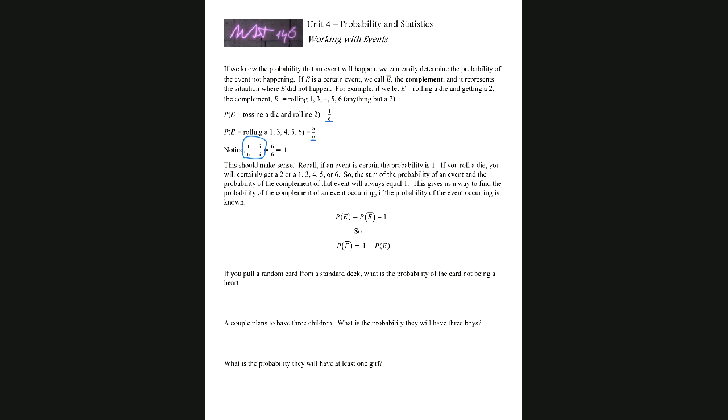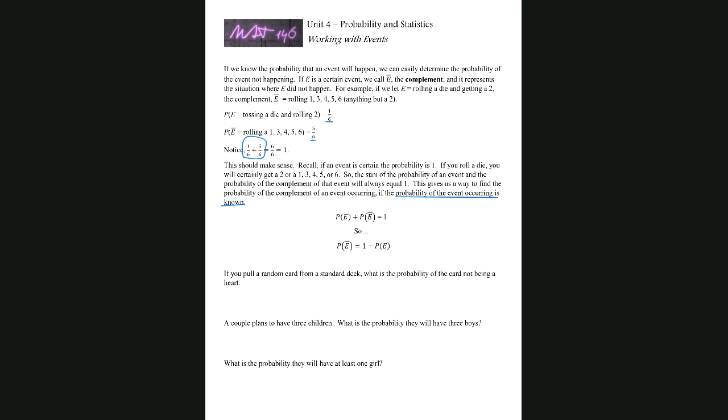And this gives us a way to find the probability of the complement of an event occurring if the probability of the event occurring is known. So what I'm saying here is that if we know the chance of an event happening, we can easily find the chance that it will not happen. So we're going to take this equation, the probability of E plus the probability of the complement of E should equal 1.